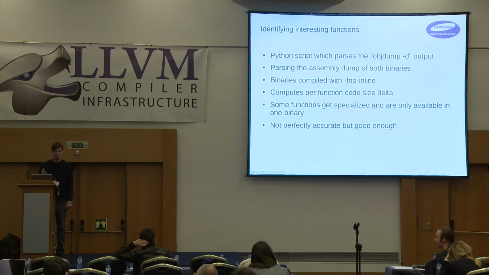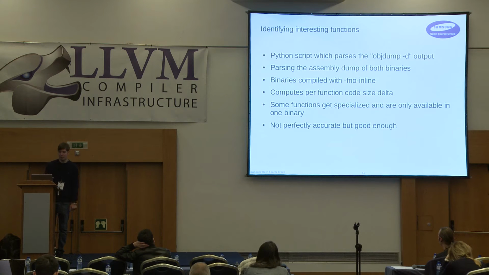If we do this both for the Clang-generated binary and the GCC-generated binary, then we can compute a code size delta for the individual functions. And then we can look at the functions which have the highest absolute difference or the highest relative difference. That way we can really see functions which are interesting or where things are going wrong, where there's room for improvement.